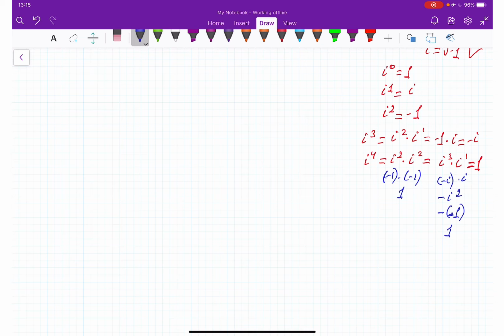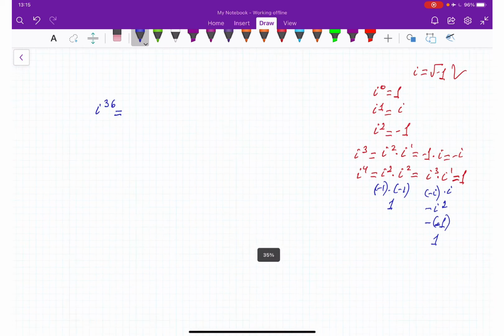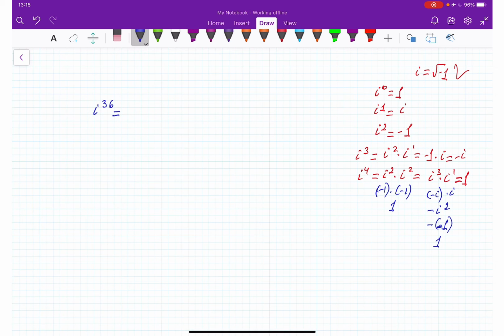Let's start. i to the power 36 is equal... I can either take i to the power 3 to the power 12, right?